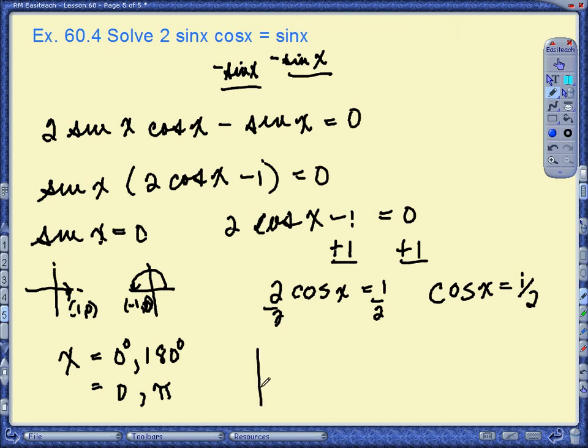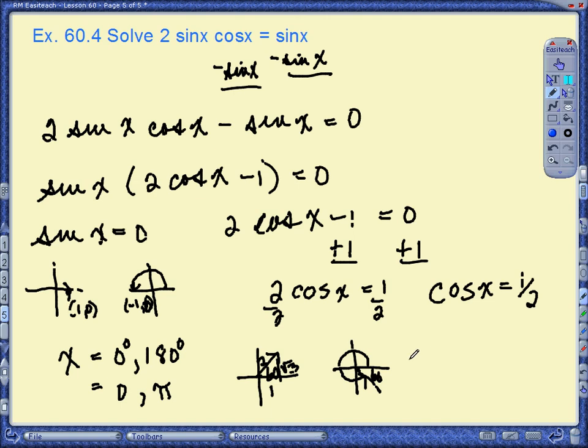Cosine's positive in the first, right here. Related angle is 60 degrees. That means the adjacent side would be 1, the opposite side √3, and the hypotenuse 2. It's also in the fourth quadrant, making a 60-degree angle with the x-axis.